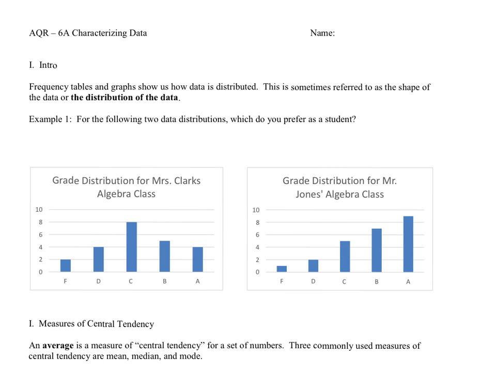This lesson will be over section 6A. We will be characterizing data in this particular lesson. What that allows us to do is look at data distributions and try to interpret them a little bit better. That is looking at graphs of data and trying to interpret them a little bit better.